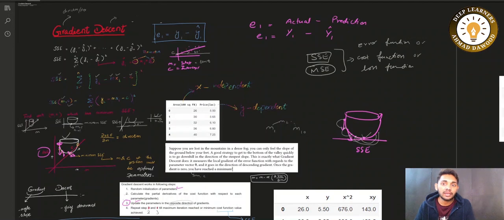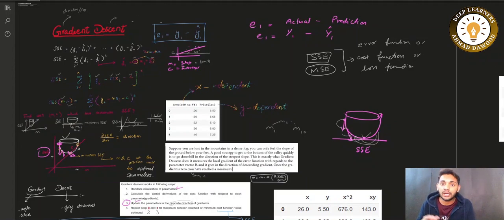Okay, and I told you that there is a difference between the training processes of linear regression and logistic regression. There is no such difference in the process of training, but there is a difference in the cost functions of linear regression and logistic regression.